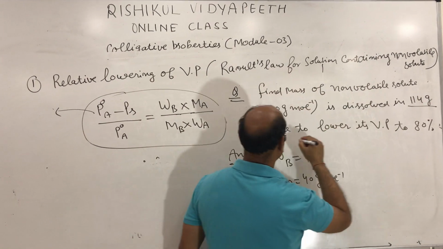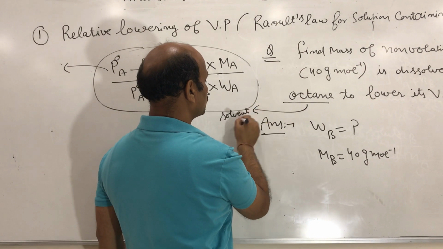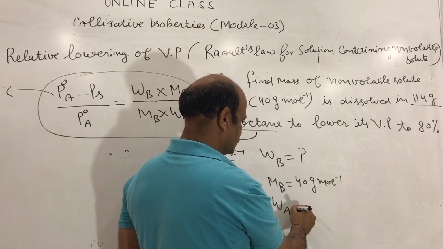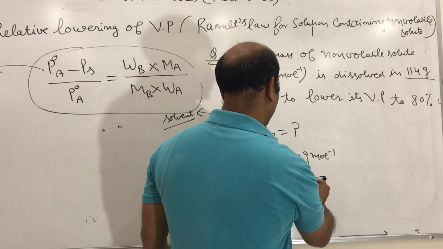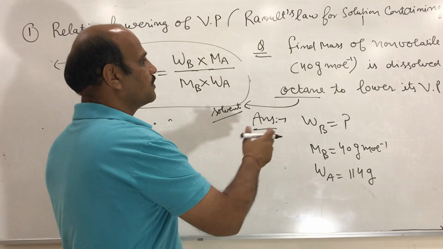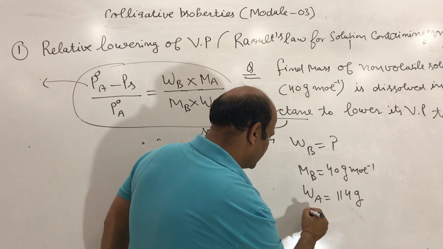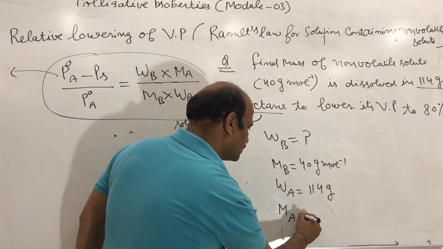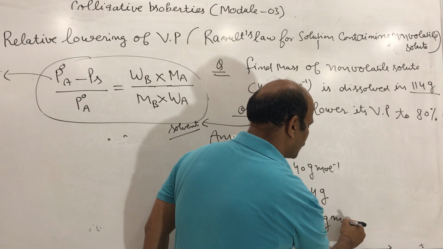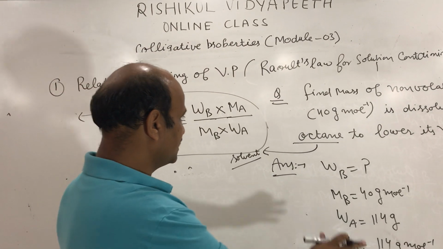This octane is solvent. Mass of that is given, WA, that is 114 gram. Molar mass of octane, in exam generally it is given, and by chance that is also 114 gram. These things will be given in exam.